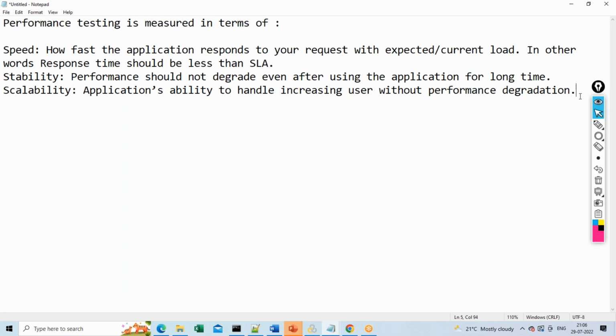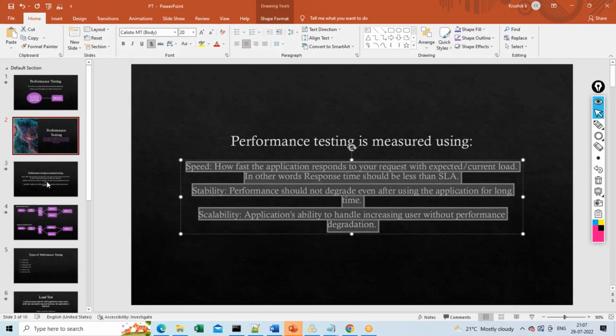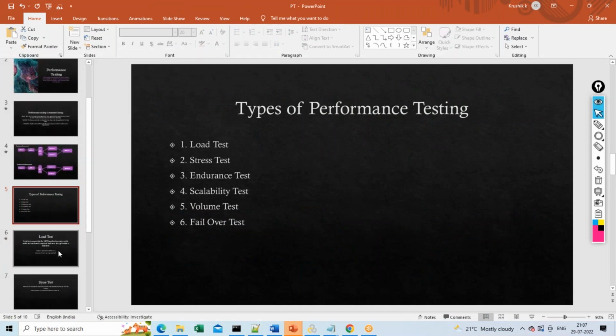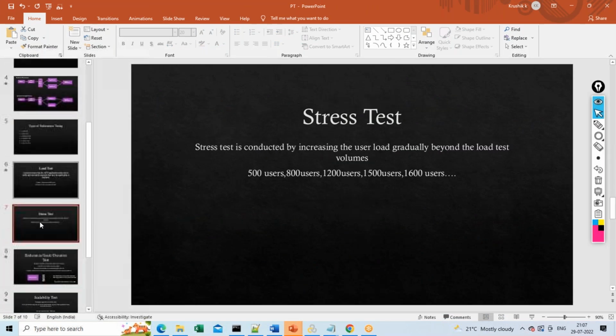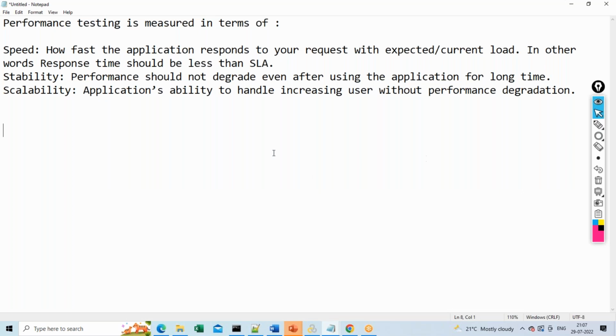Now when we discuss the types of performance testing, I will relate the terms speed, stability and scalability to the types of performance testing. I do have slides that explain the different types of performance testing, but I don't want to explain through slides now. I can share these slides, but I want to discuss here and write the definitions and explain everything clearly.